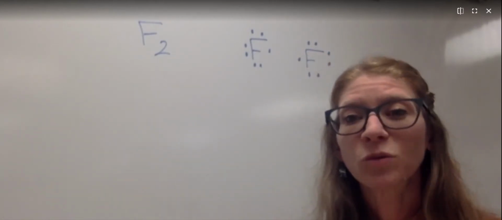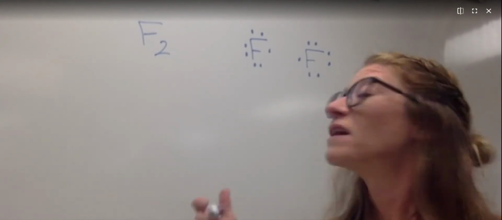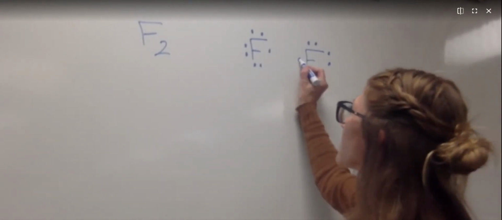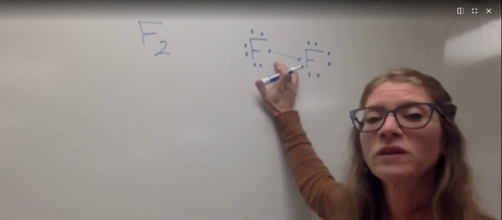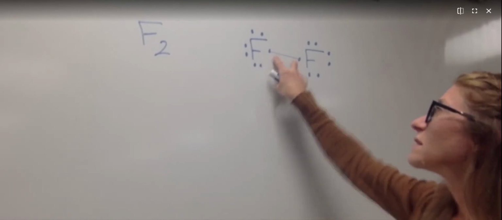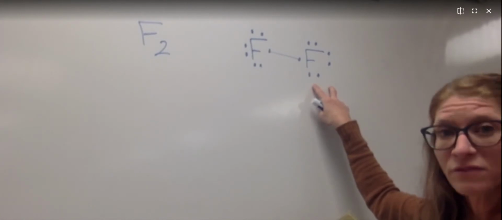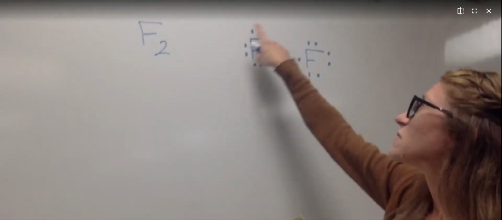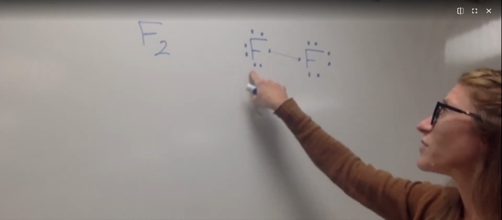Fluorine has 7 valence electrons. It wants to share 1 more, so it can have a total of 8 to be like a noble gas. So what happens is these 2 electrons form a single bond between the 2, so that these 2 electrons can be shared by this fluorine, and these 2 electrons can be shared by this fluorine. When you circle around each atom, you would count these 2 electrons for this fluorine.